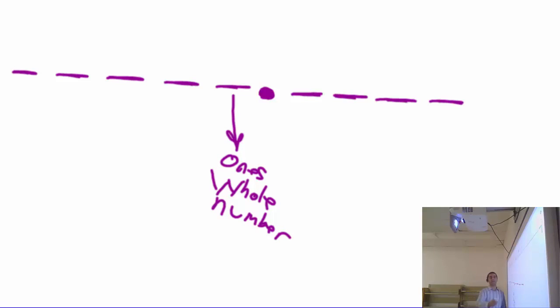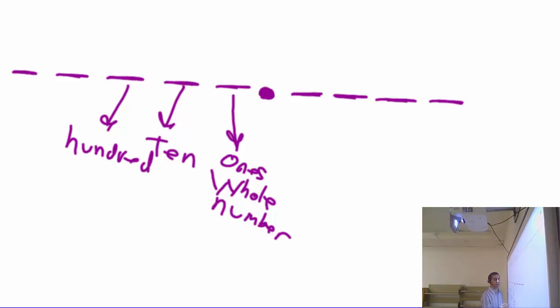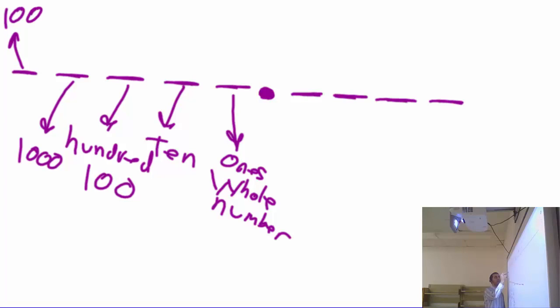And right after that comes the 10. Add one more zero, comes to 100, and I'm going to just number it. One more 10, 1000. One more 10 becomes 10,000.